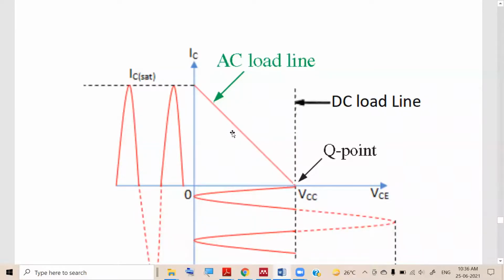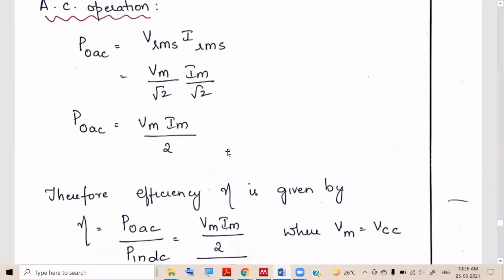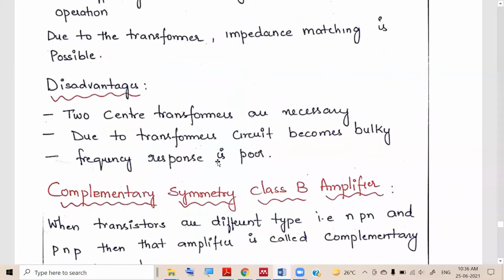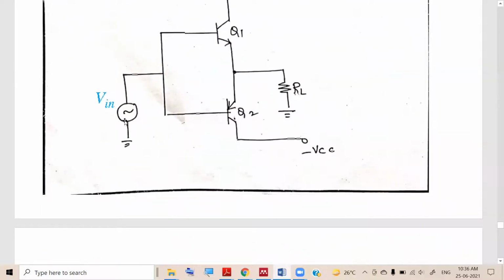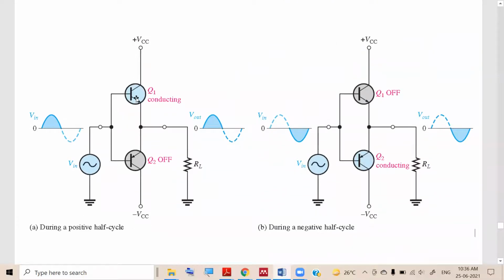So that is the reason that during the positive half cycle, or the first half cycle, Q1 will conduct and amplify, whereas Q2 is off.